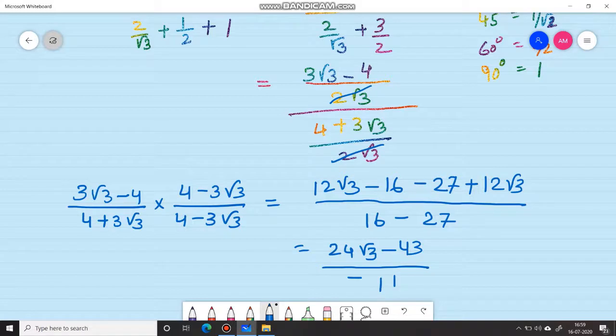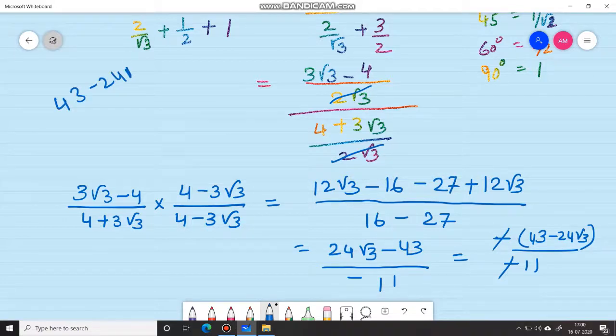You are getting 24 root 3 minus 43 by minus 11. You can change it by taking out minus common. So you will get 43 minus 24 root 3 by minus 11. So minus cancels. And at the end your final answer will be 43 minus 24 root 3 divided by 11.